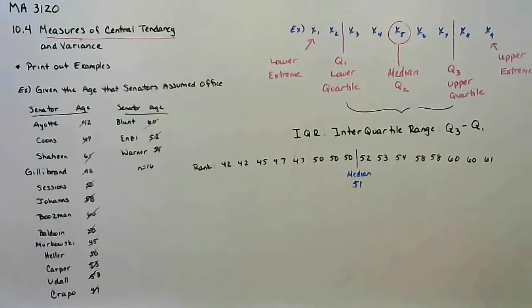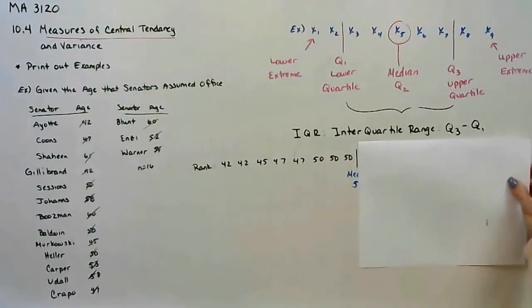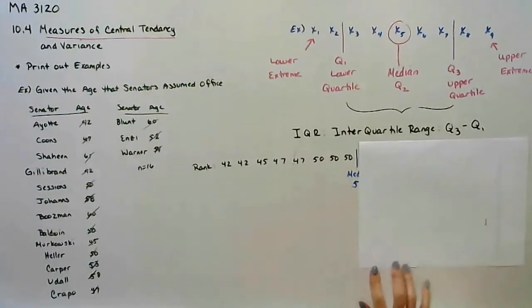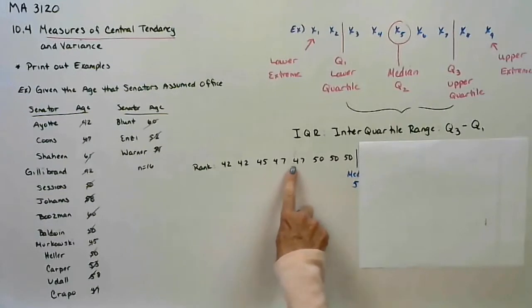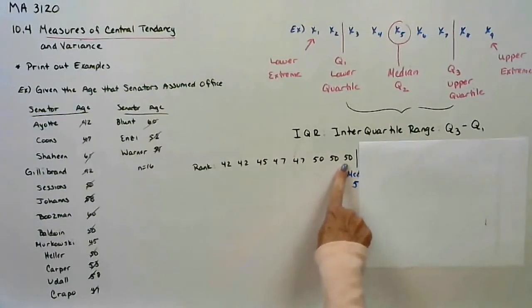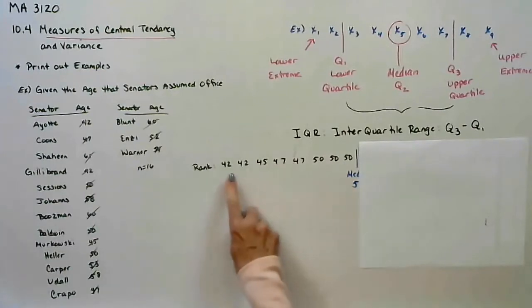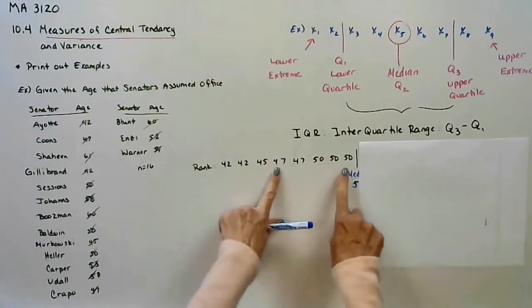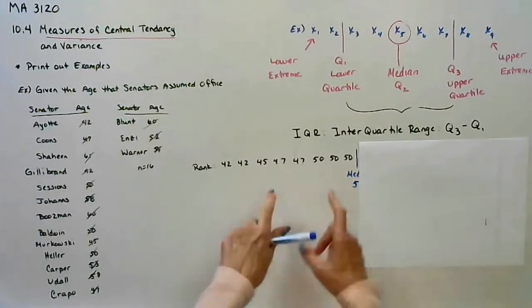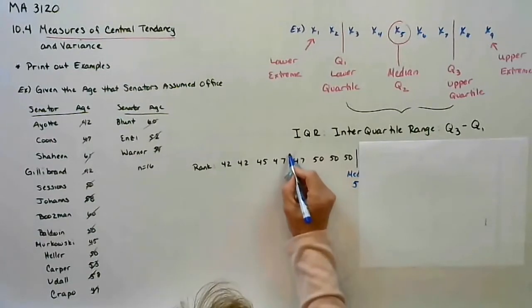Then what I'm going to do is do the same thing to both halves of data. So the lower half, everything less than this, I need to find the exact middle value. 1, 2, 3, 4, 5, 6, 7, 8. Half of 8 is 4. So 1, 2, 3, 4. 1, 2, 3, 4. Again, I have to split.